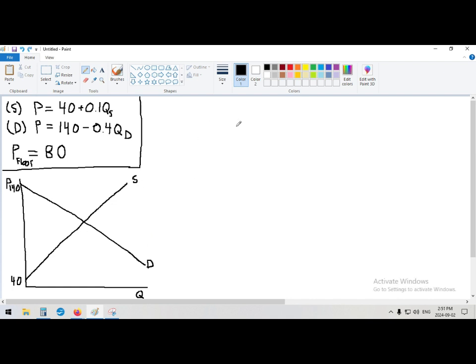So let's figure out where the competitive equilibrium is to start, and then we'll know where to put that point. Let's say supply equals demand, and find that equilibrium.